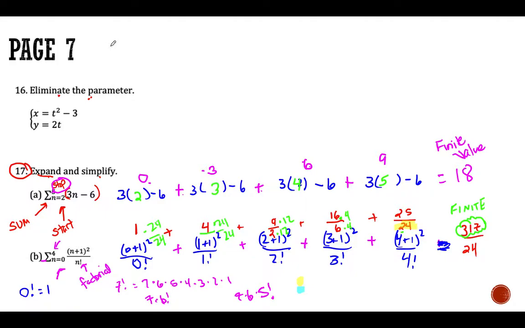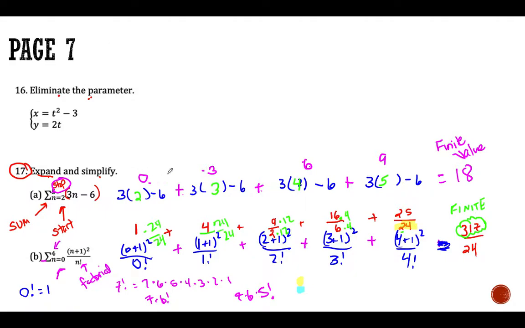So parametrics is a way to take a graph or a relation that is not a function and turn it into multiple functions that we can then use all of our theorems based on if you are a function then.